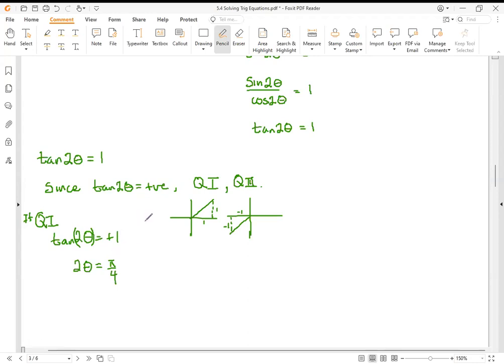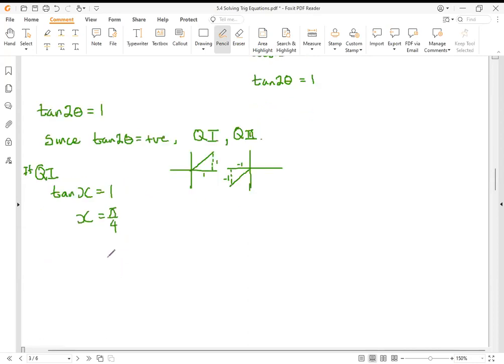What if I substituted? I don't want you to be confused because there's a 2 in there. If tan x equals 1, what is x equal to? Pi over 4, right? It just so happens, instead of x, I have 2 theta. But who cares what 2 theta is? Tangent of it equals 1, so that angle inside it must be pi over 4.